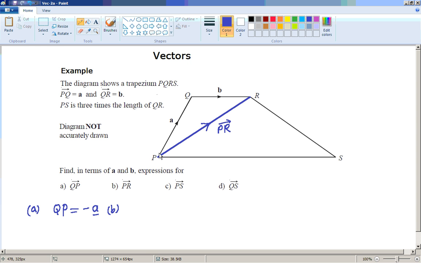So the way we get to R from P, we go through Q. So first we're going to do the vector A, then plus vector B.